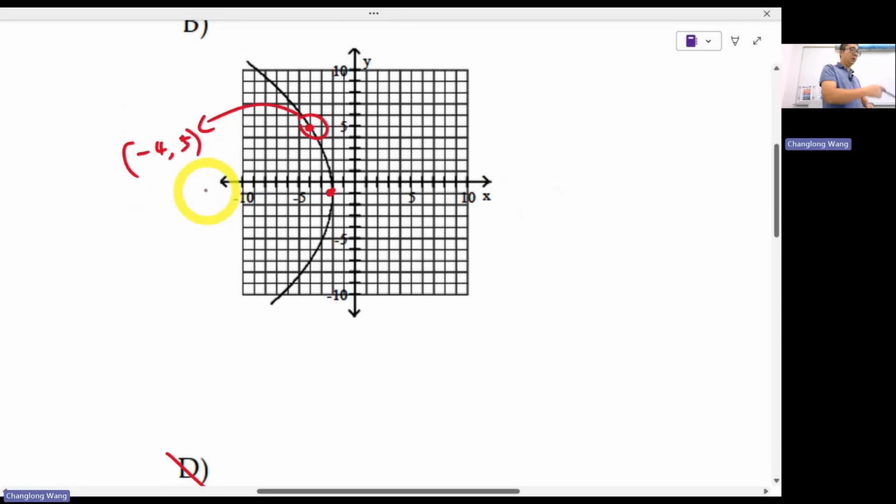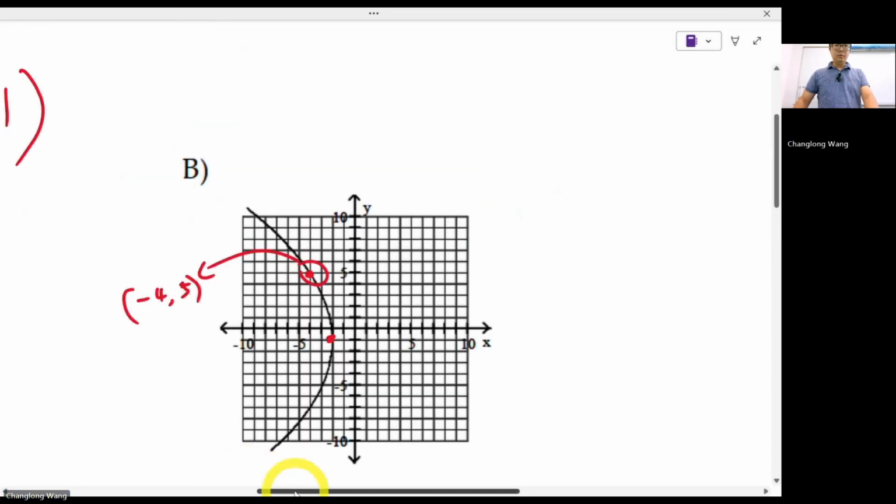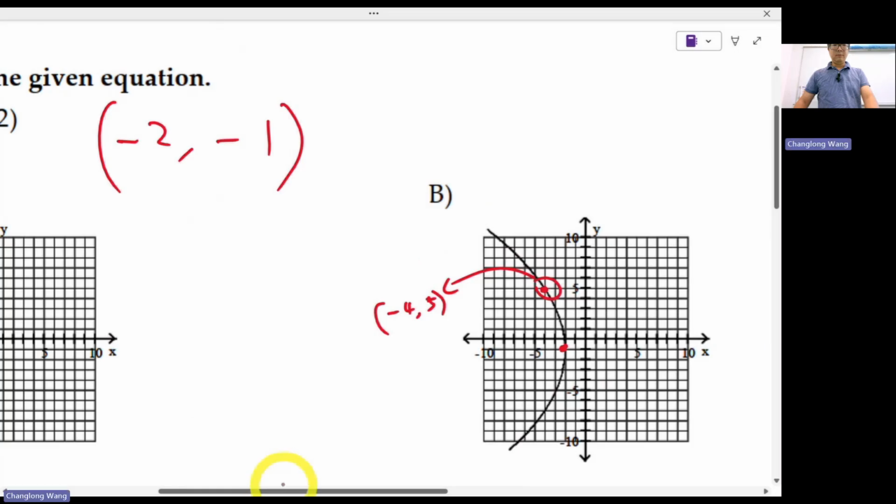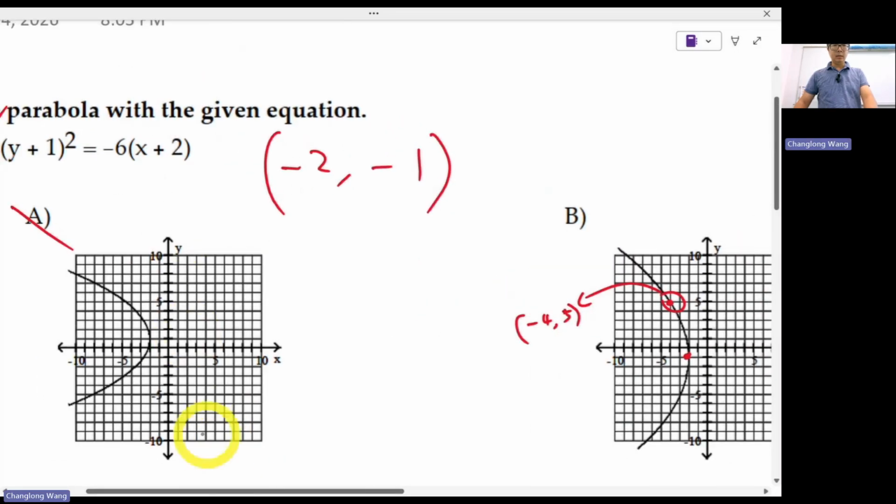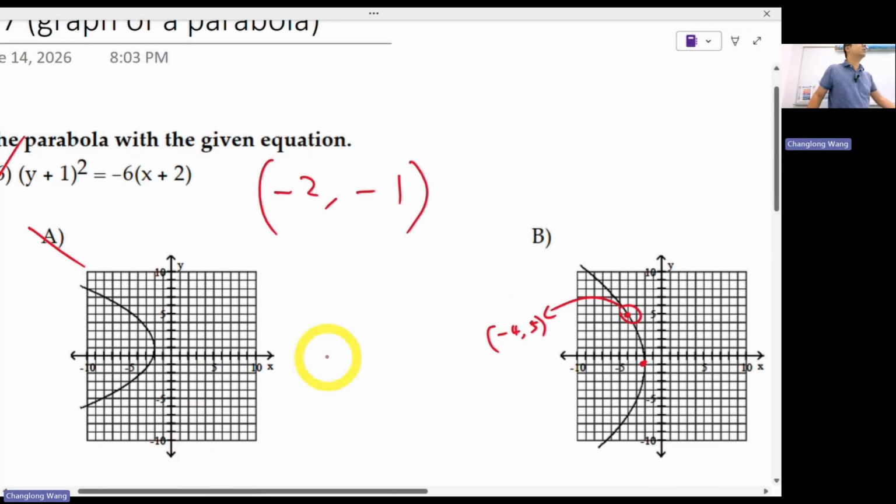And I'm sure that the graph in letter C doesn't have that. Why don't you evaluate that point back in the equation to see if that works, just to get yourself more confidence picking it?